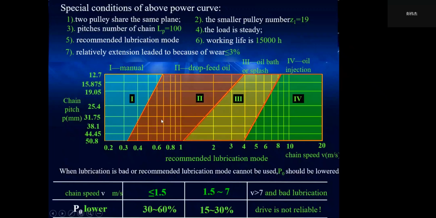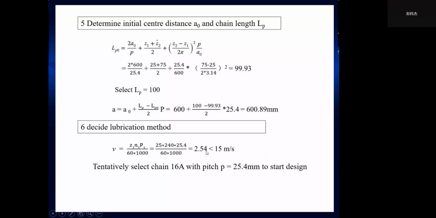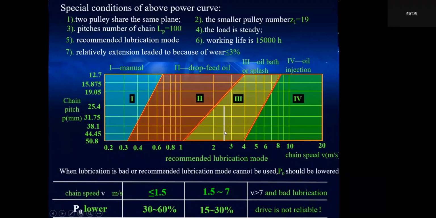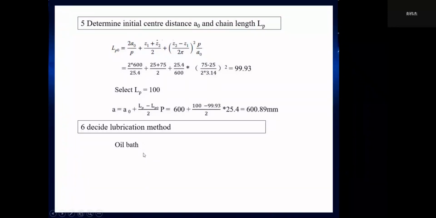From this table, we use the pitch and the chain speed v, which we calculated as 2.54, and then the point is located in this area. So for the lubrication method, we can choose oil bath as the lubrication method.